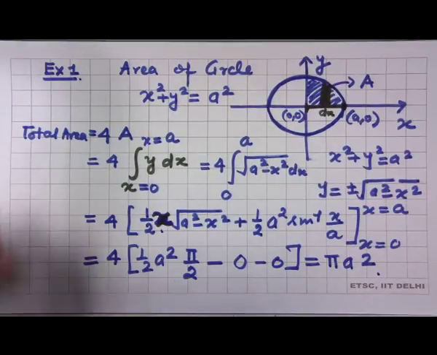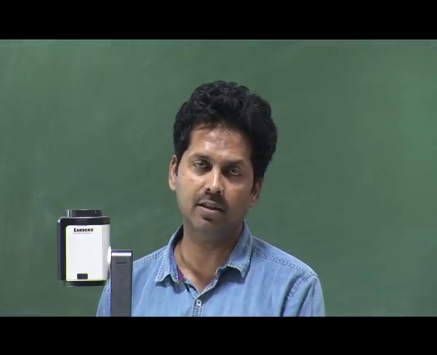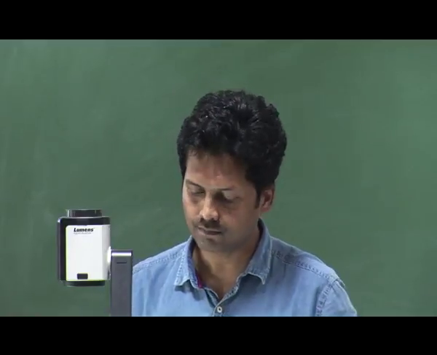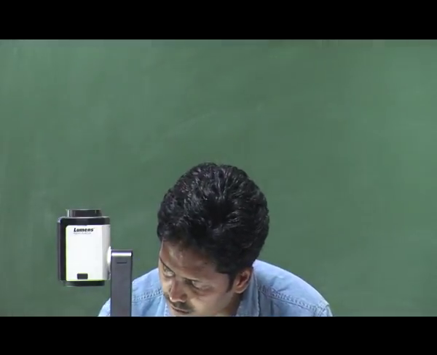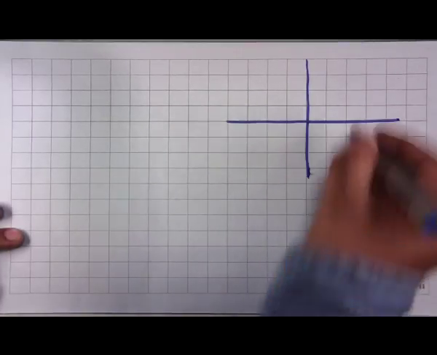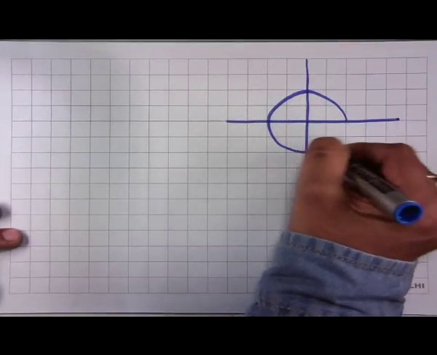Now we have done this calculation by taking a vertical strip. The same thing can be done by taking a horizontal strip also. So let us see how to do that for the circle. Let us draw the circle again and see how to do it by using a horizontal strip.